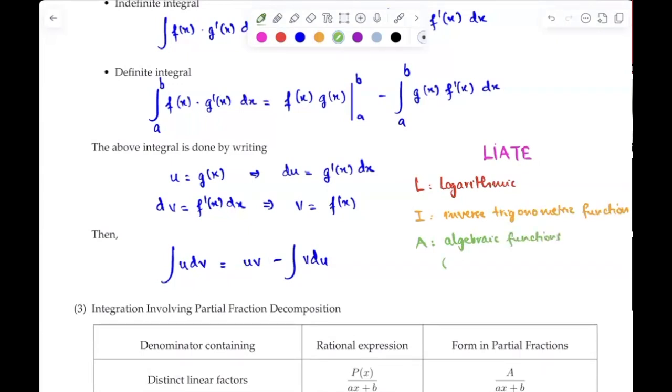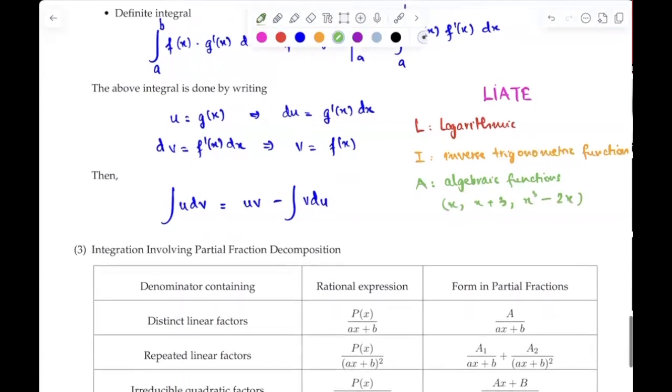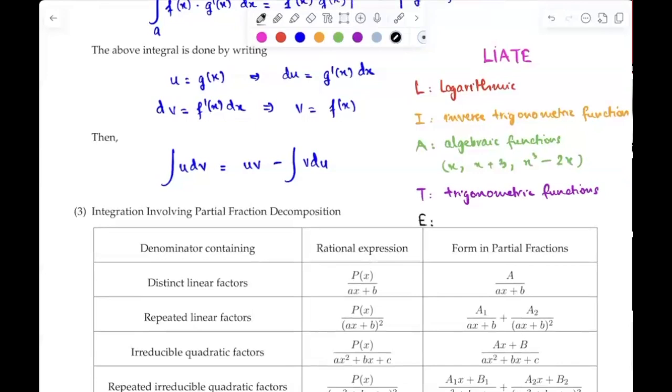Algebraic functions can be x plus 3, x cubed minus 2x, something like that. T is trigonometric functions, and the last one is E, exponential functions.